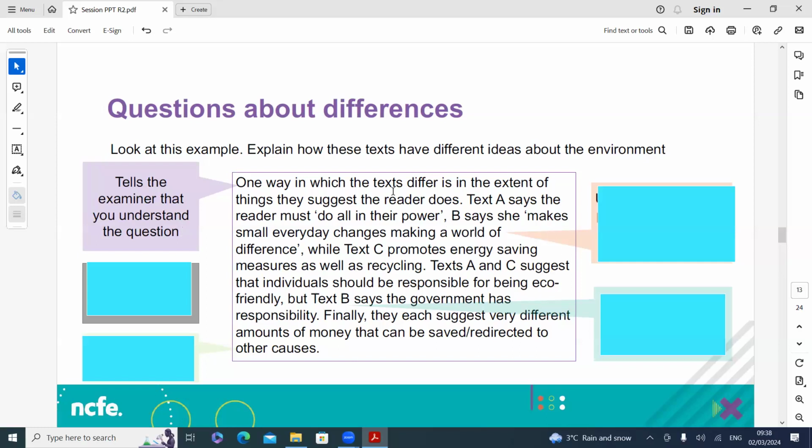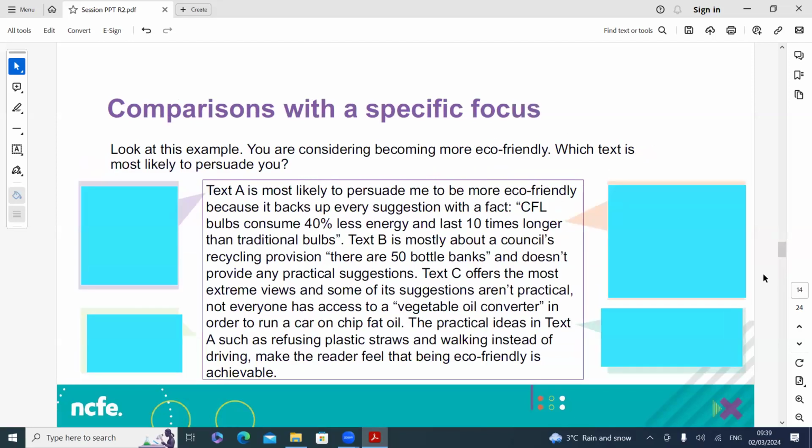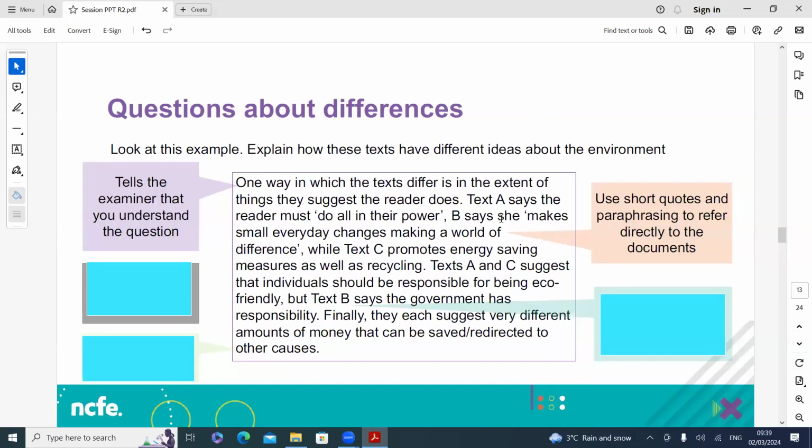Good. Well done. So they have used short quotes and paraphrasing again. So we've got short quotes, do all in their power, but we've also got paraphrasing. Text C promotes energy saving measures as well as recycling. Okay, so they've not used a quote for text C, they've paraphrased.